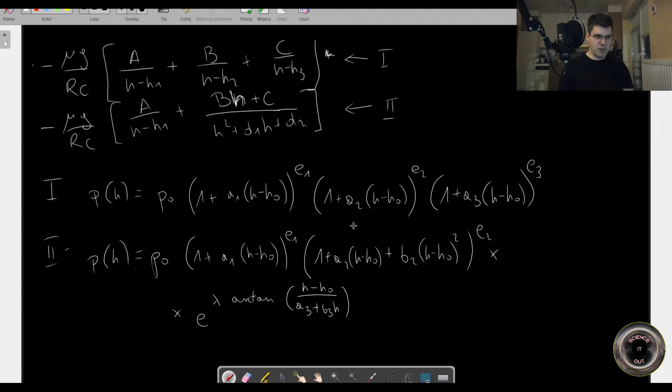Yeah. So that is what the solution for this case looks like. And when I saw e to the power of arctangent, I sat there confused for a while. This is not a combination you see often, but yeah, that's just the result.